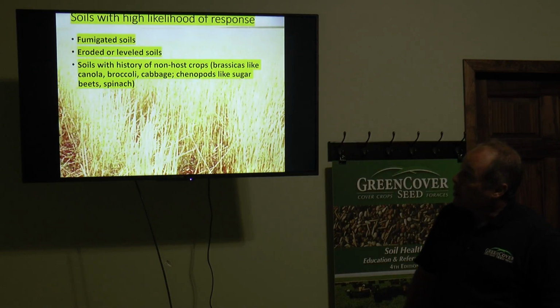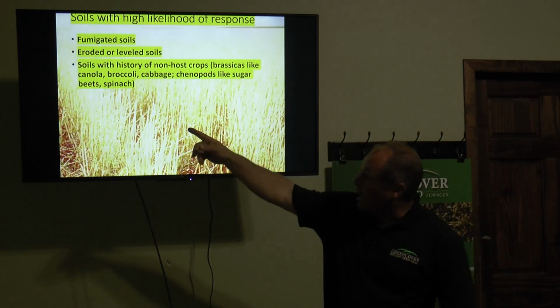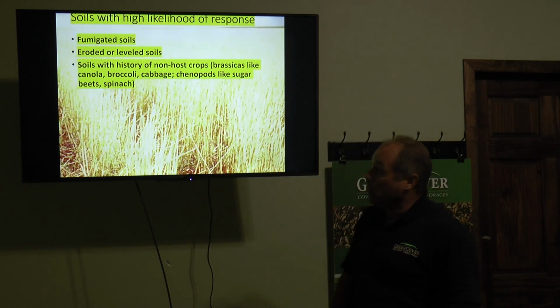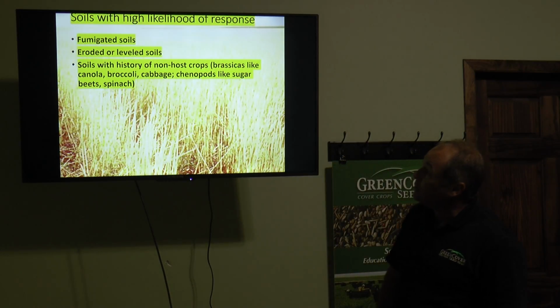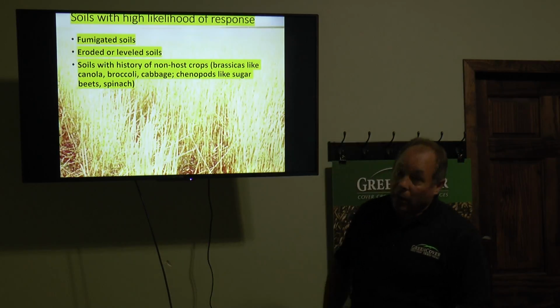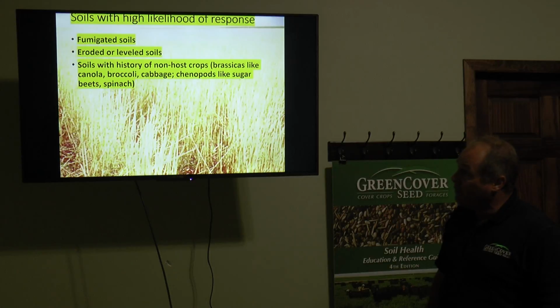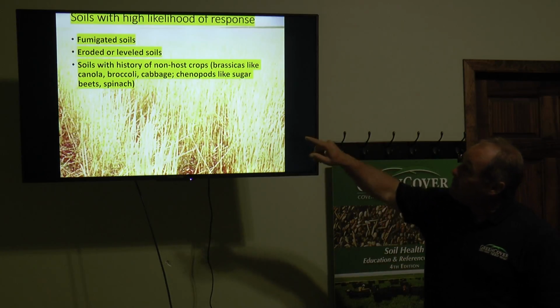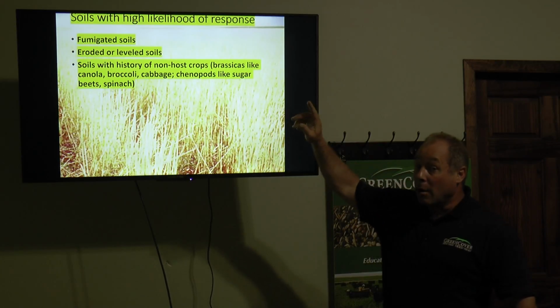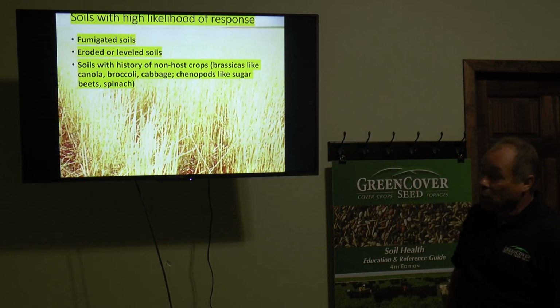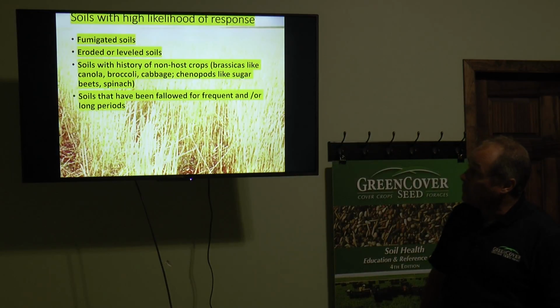Non-host crops, canola. There's a lot of places now, Oklahoma, where canola is becoming a big part of the crop rotation. Sugar beet growing areas. Sugar beets are a non-host. You might as well consider that a year of fallow. So the crops following canola, the crops following sugar beets, are going to be very responsive to inoculation.